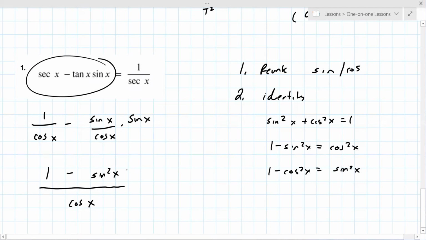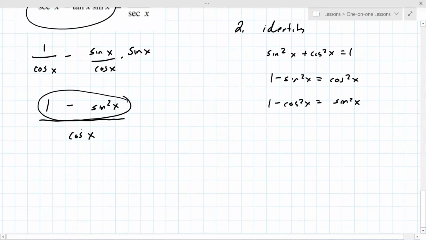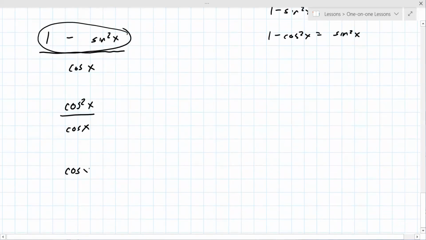So in this case, you're going to replace all of this with what? You're replacing all of this with cosine squared x. 1 minus sine squared x is cosine squared. So the top becomes cosine squared x over cosine x. Those cancel. So you're just left with cosine x on top.